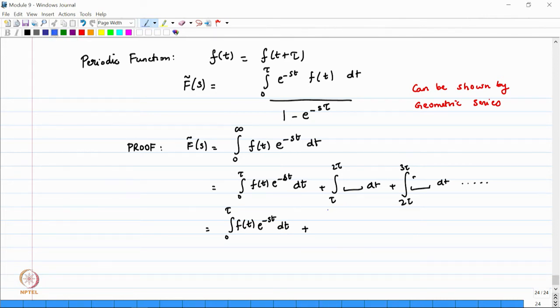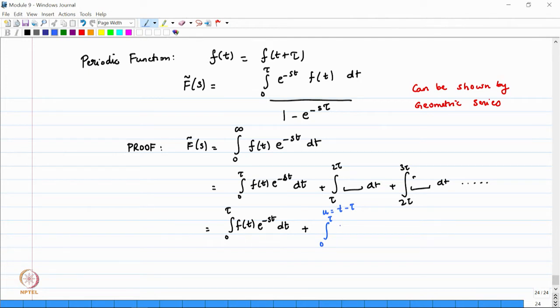So only in the second term I'll put u is equal to t minus tau. Now du is same as dt. So this becomes integral, now this goes from 0 to tau.